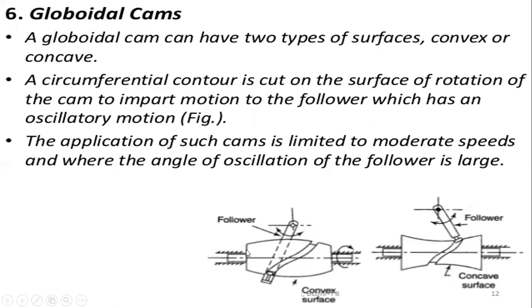This is the shape of the cam, which is placed below the follower, and the second one is the concave surface, which is somewhat less than this. The concave surface is tilted towards the lower end from the ends of the cam to the center of the surface. So the follower rotation is like this.